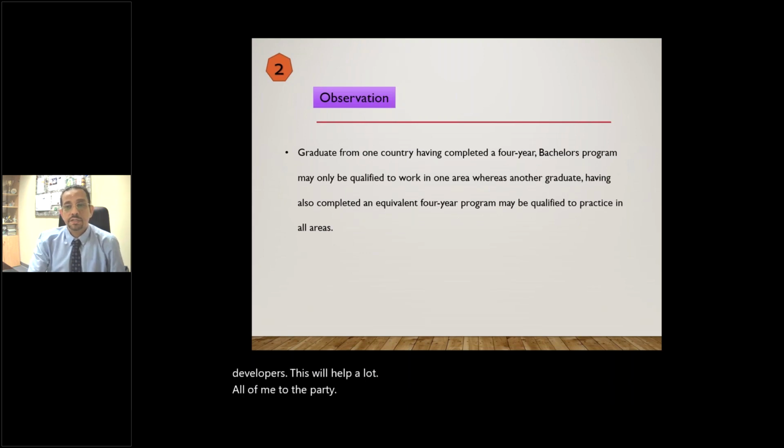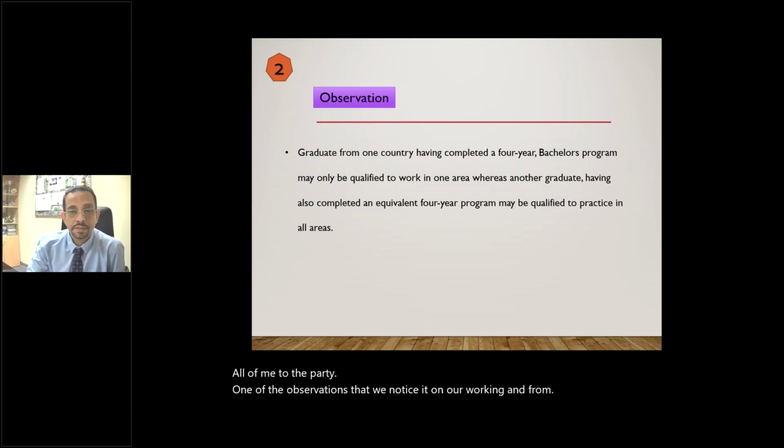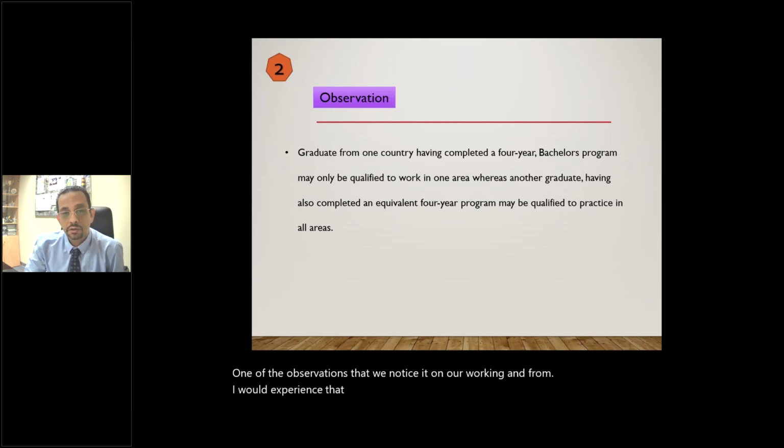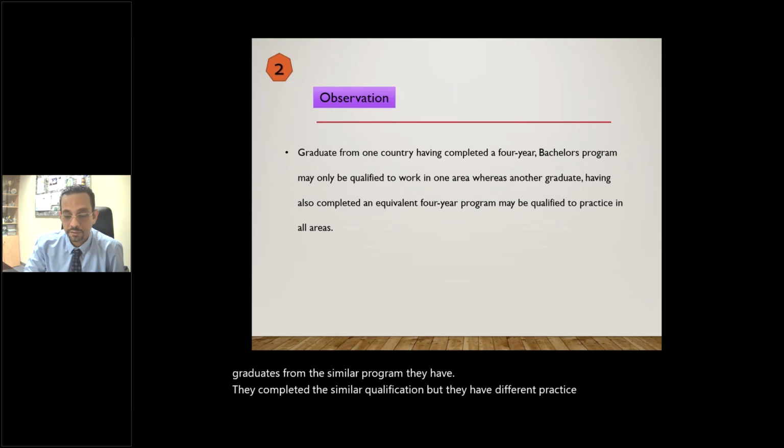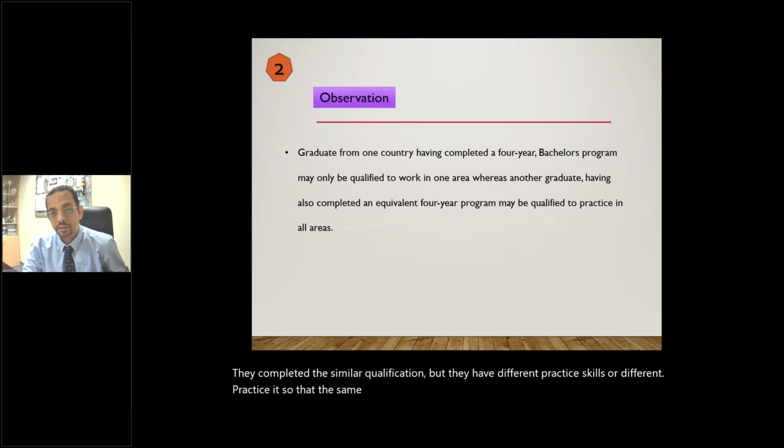One of the observations that we noticed from our work and experience is that in one country you have different bachelor degree programs, and the graduates from similar programs completed a similar qualification, but they have different practice skills or different practice areas. So the same graduates can work in MRI. The other graduates cannot work in MRI, for example.